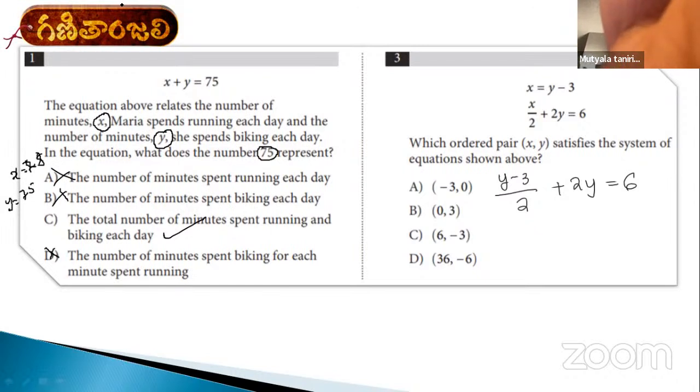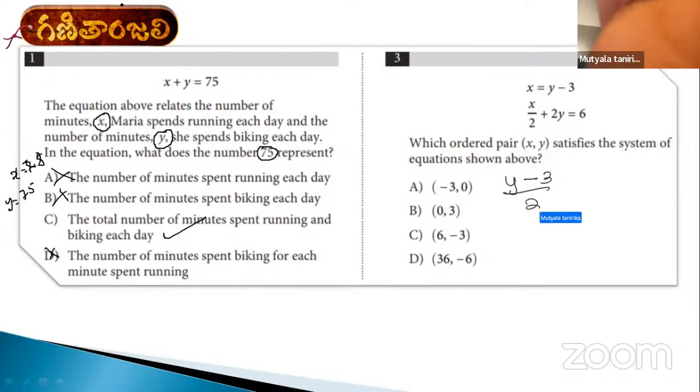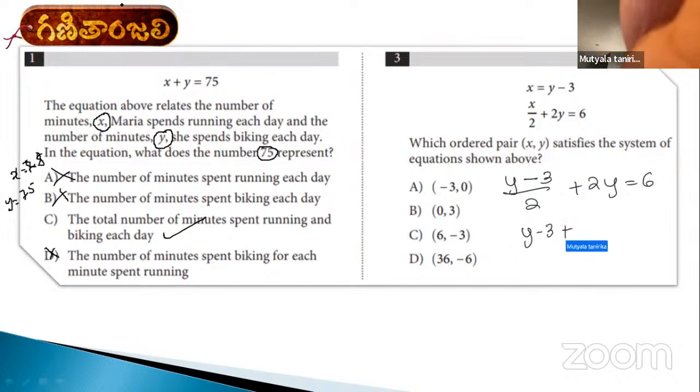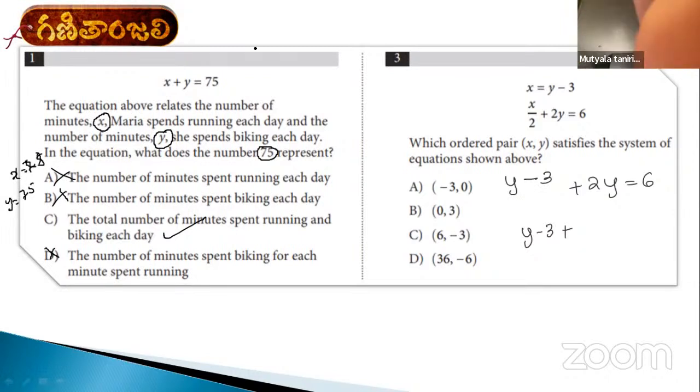So it's y minus 3 plus 4y, because its denominator is 1. Y minus 3 plus 4y equals 12.